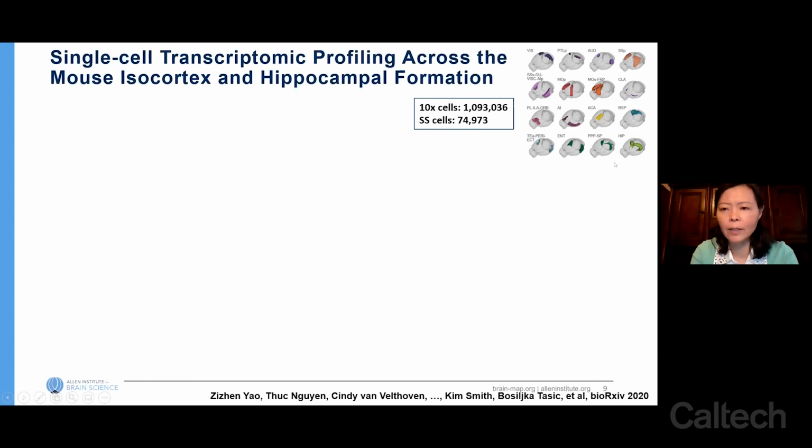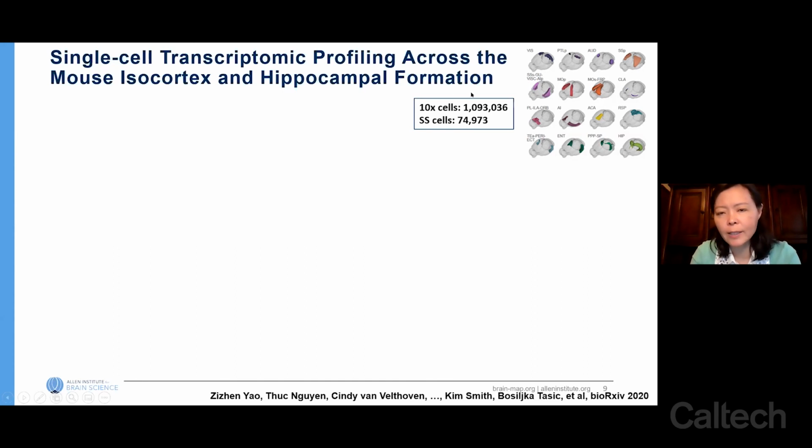We also profiled the entire hippocampal formation, also called archicortex or allocortex, which is the closest relative evolutionarily to the isocortex. For the hippocampal formation, we profiled not only the hippocampus itself, but also the neighboring subicular complex, as well as lateral and medial entorhinal cortex.